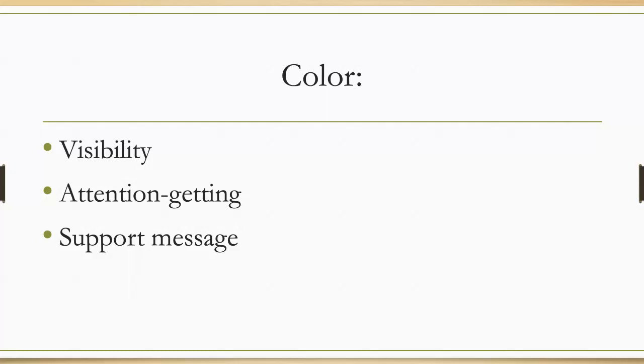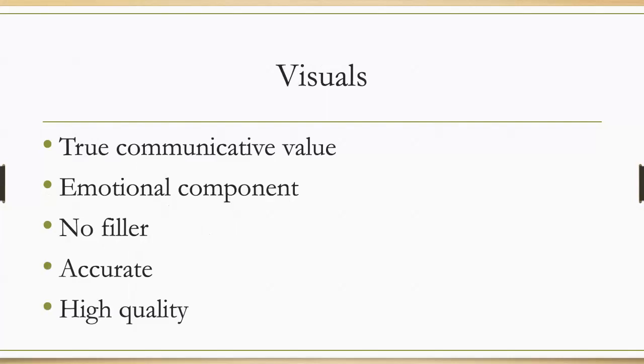Very often, many causes are color coded: pink for breast cancer, red for heart disease, purple for domestic violence and Alzheimer's. Green tends to be associated with nature and outdoors, although now it's also being associated with cannabis cultivation. So think about how your message is being supported with the colors that you're choosing.